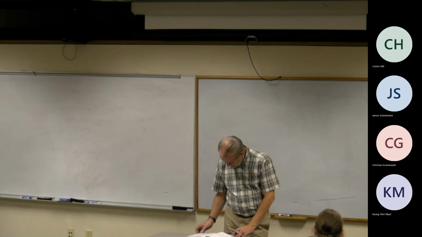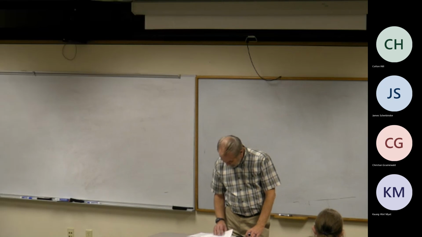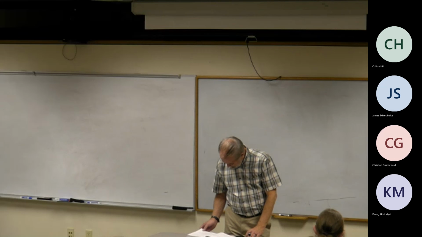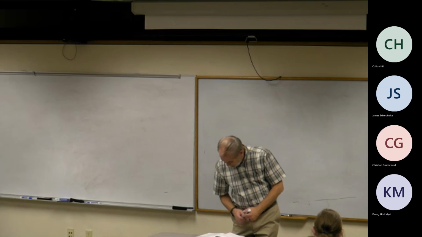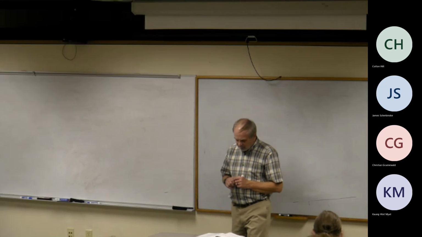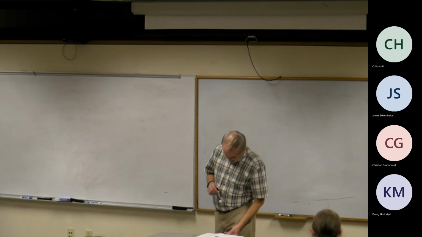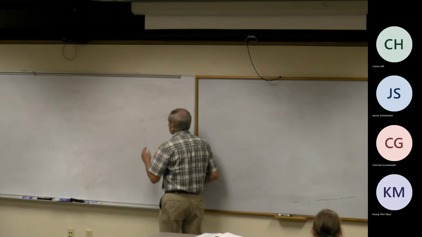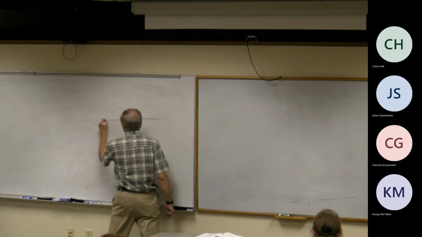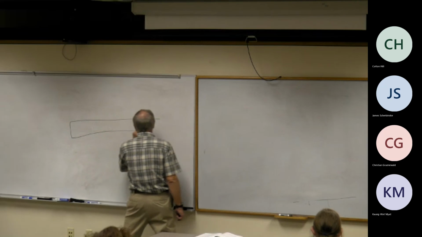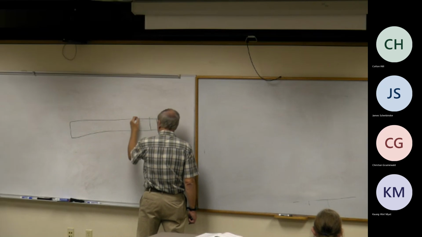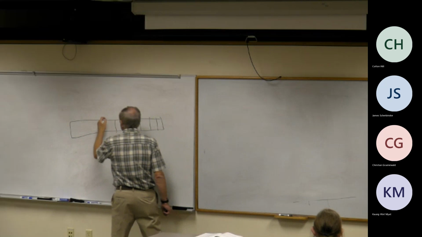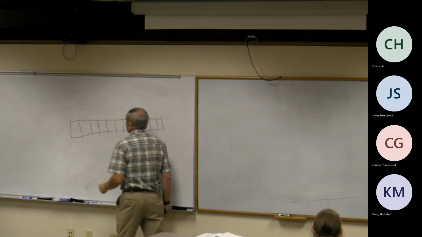Okay, the introductory example. I think I'll do an even simpler one. Suppose you had a tape on which you had encoded your input string. So here's the setup for the Turing machine.